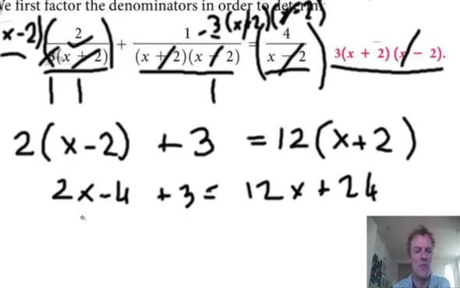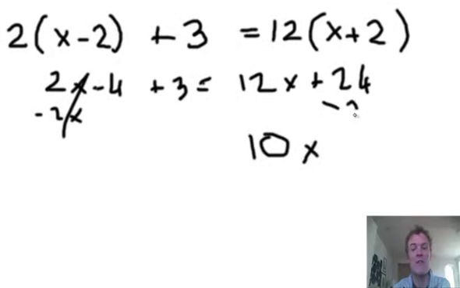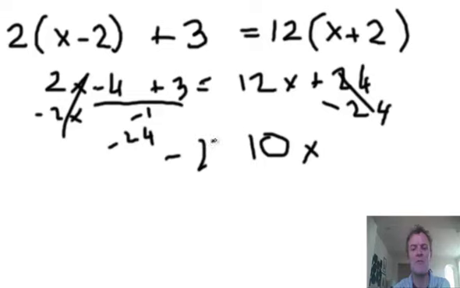Let's get the x's over onto the right hand side. Take away 2x from both sides. That'll give me 10x over here. If I take away 24 from both sides, that's gone. Now remember, negative 4 plus 3 is actually negative 1 right now. So if I take away 24, I'll have negative 25.